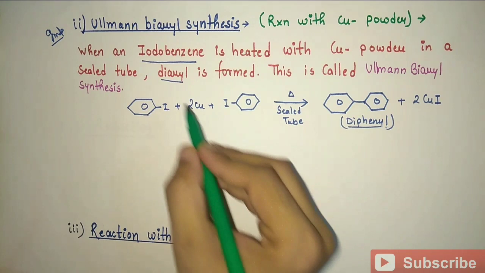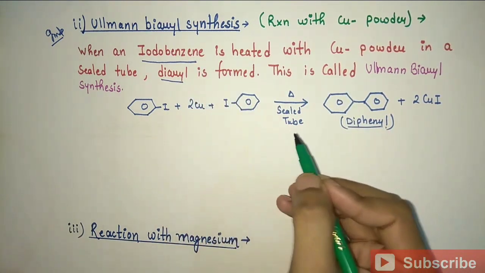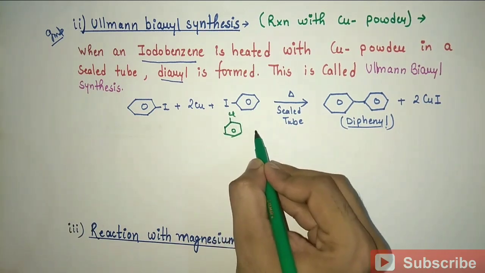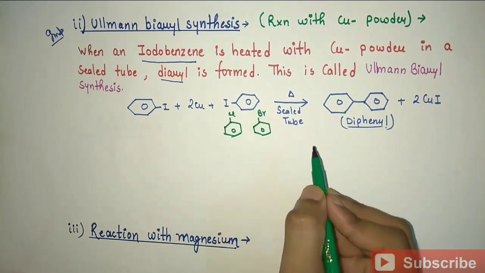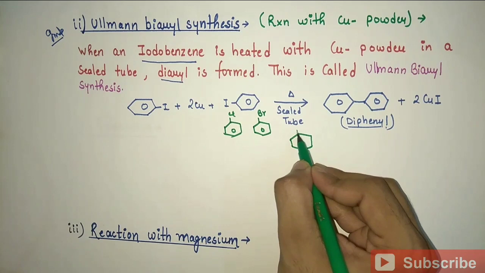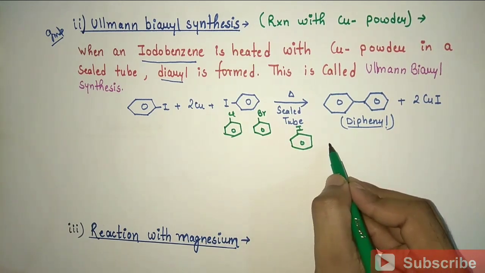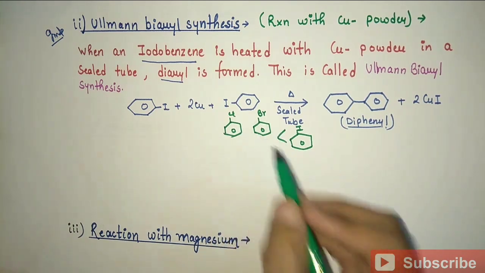Only iodobenzenes undergo the Ullmann synthesis, not chloro or bromobenzene. Why? Because the reactivity of iodobenzene is higher than that of chlorobenzene or bromobenzene.